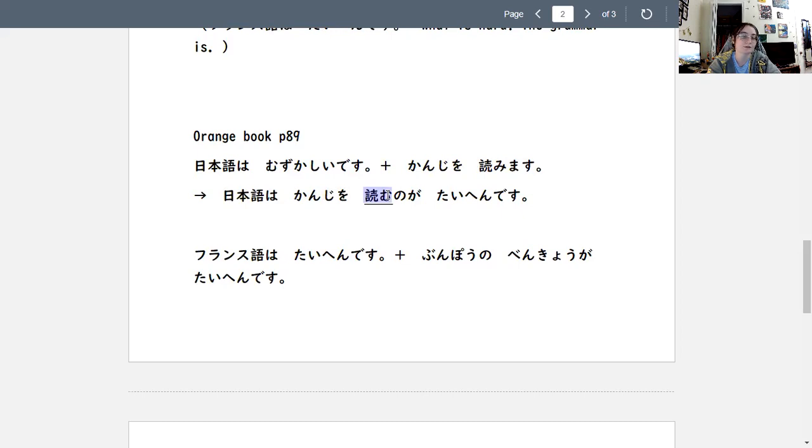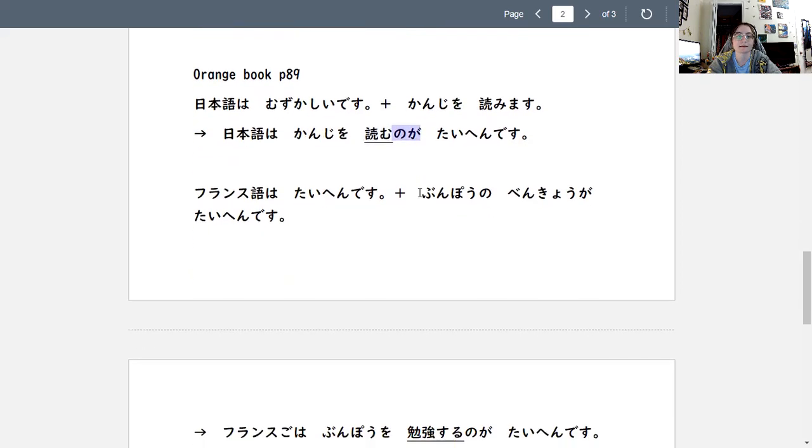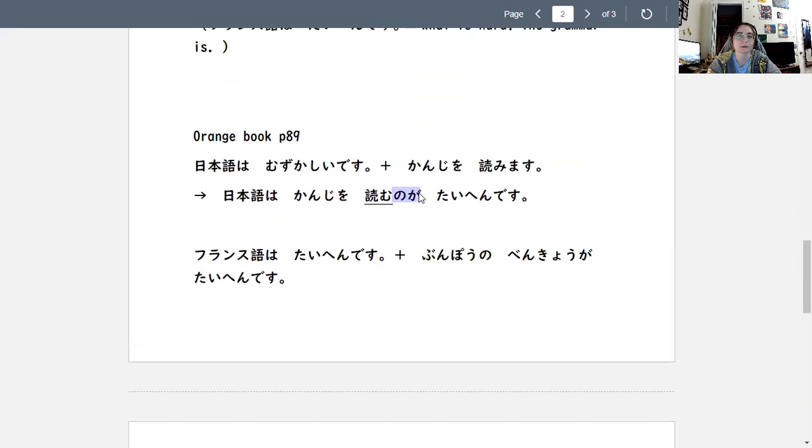So 読みます turns into 読む. And then you add のが to make it a descriptor of what you are speaking about, the noun. So 読むのが大変です. So you're saying, oh, reading kanji in Japanese is pretty rough, like it's difficult.